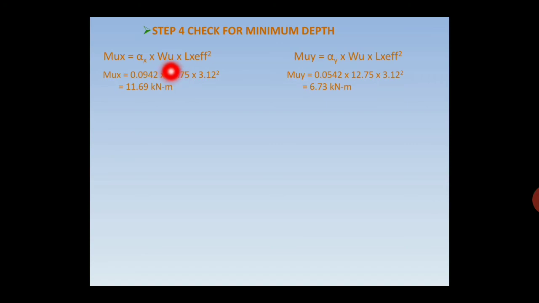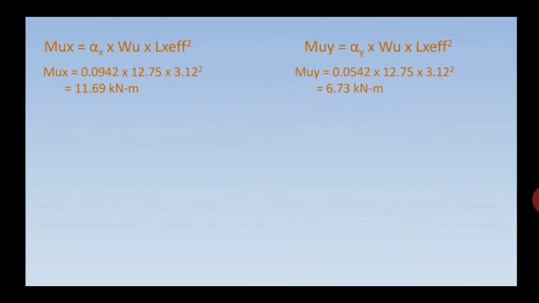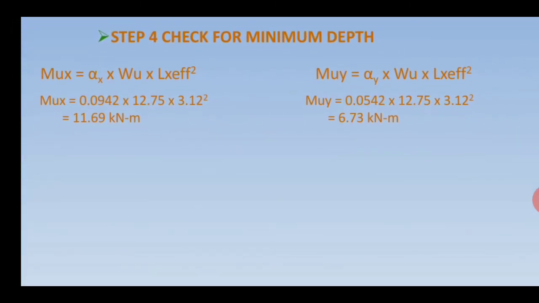Substitute alpha into w Lx effective squared. Again, in both cases we are using Lx only. This formula, don't make a mistake, it is given in the code book clearly. So substituting the values, we are getting Mu x, that is bending moment along the shorter span, and Mu y, bending moment along the longer span.